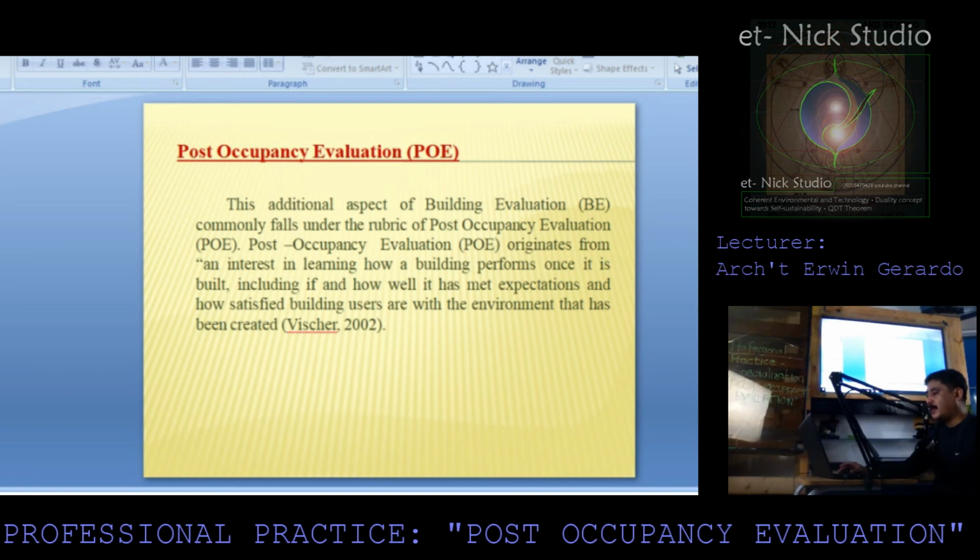Post-occupancy evaluation originates from an interest in learning how a building performs once it is built, including if and how well it has met expectations and how satisfied building users are with the environment that has been created. This is quoted by Beecher, year 2002.